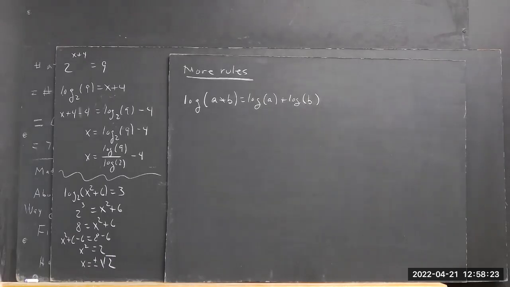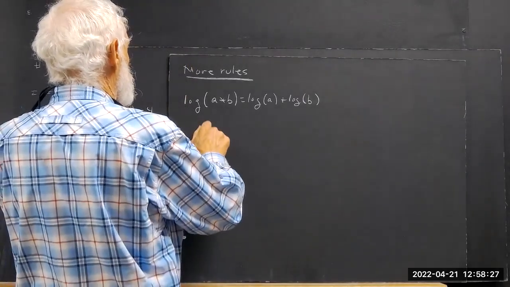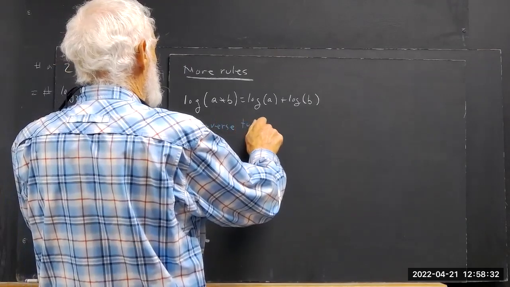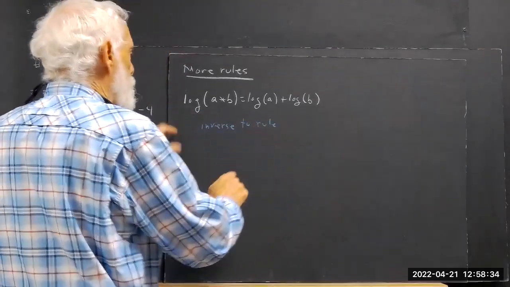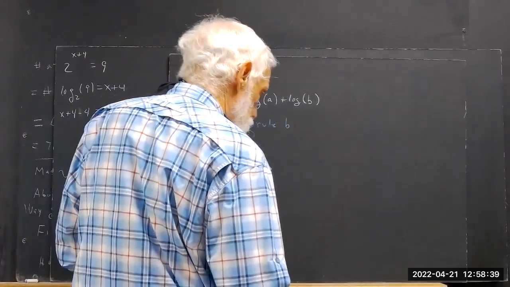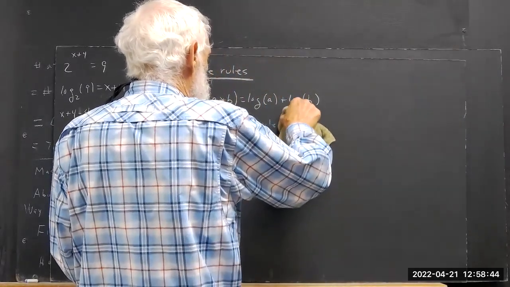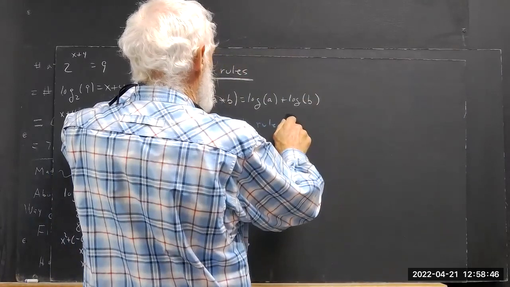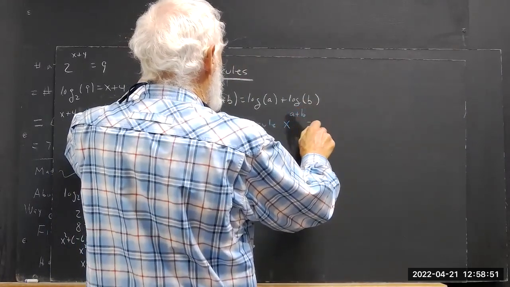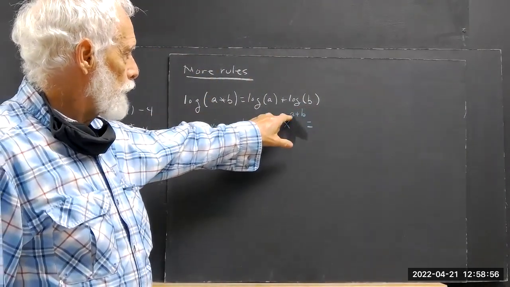Now this is inverse to the rule. Now, what is the rule of exponents for x to the a plus b?